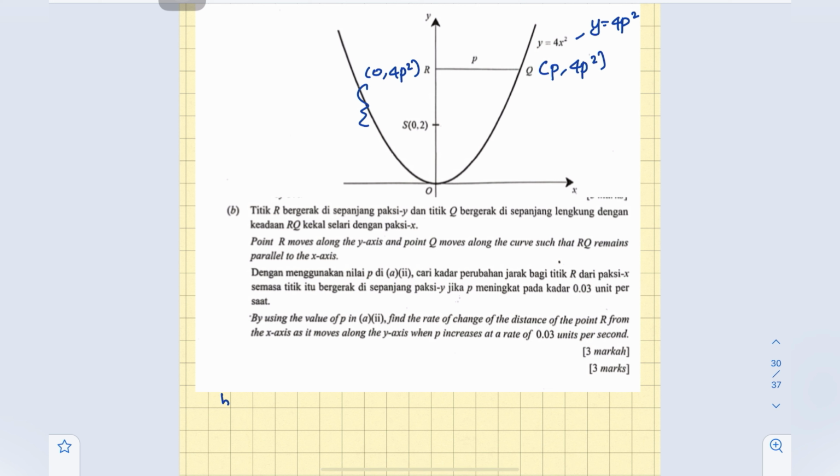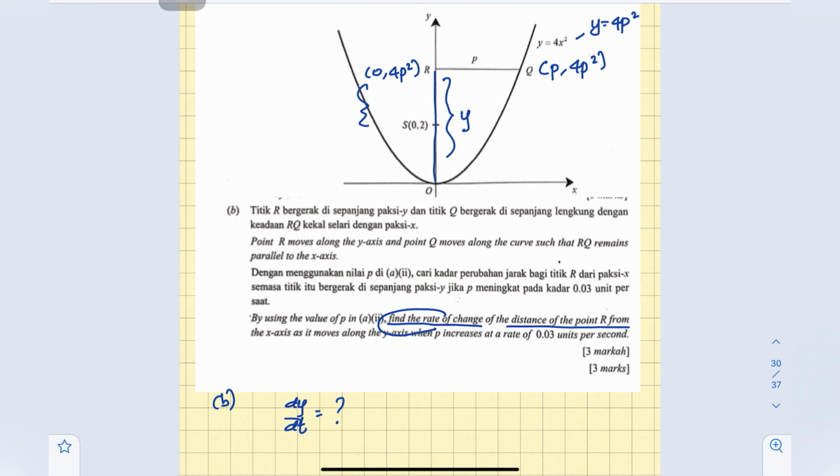So what does it actually want here? Look at this sentence: find the rate of change of distance from point R to the x-axis. So this distance is actually the coordinate y, and the rate of change means we need to find dy/dt. Since it is a rate of change, we need to use the chain rule.